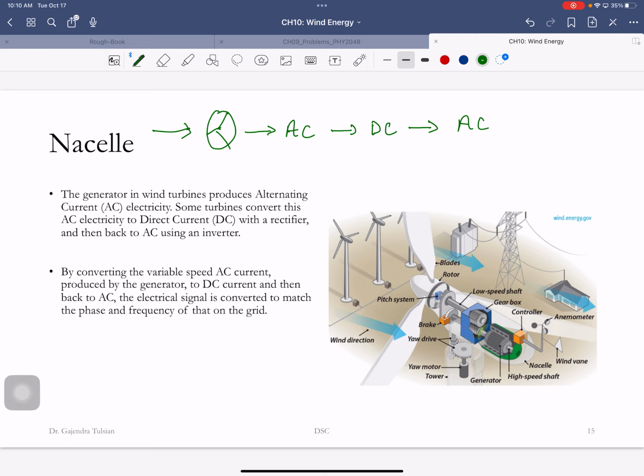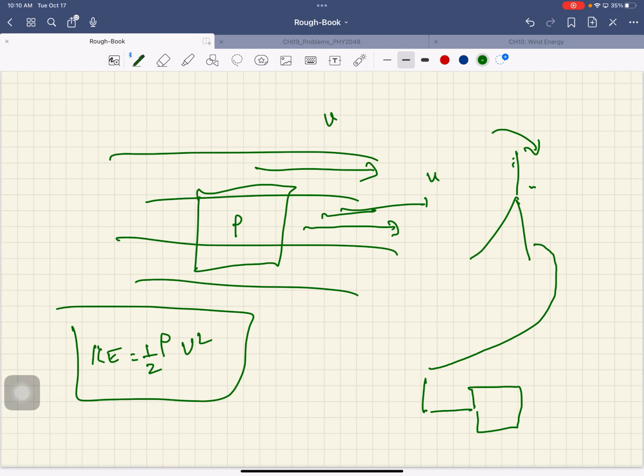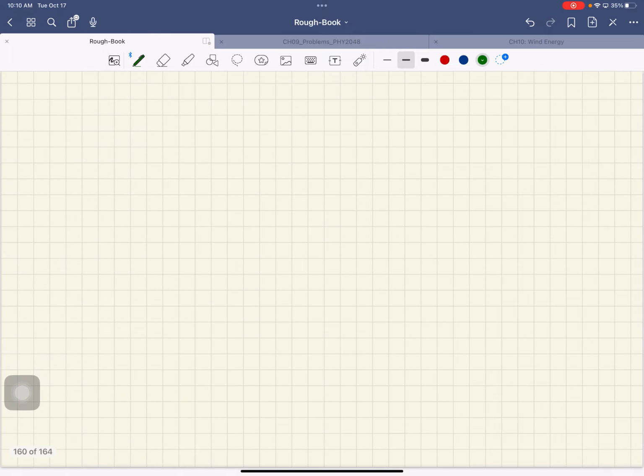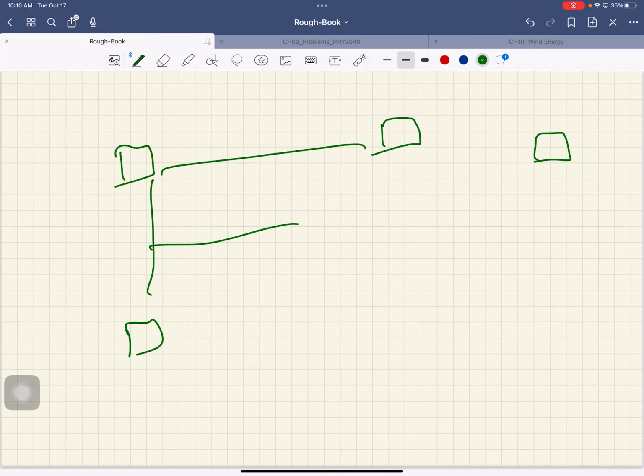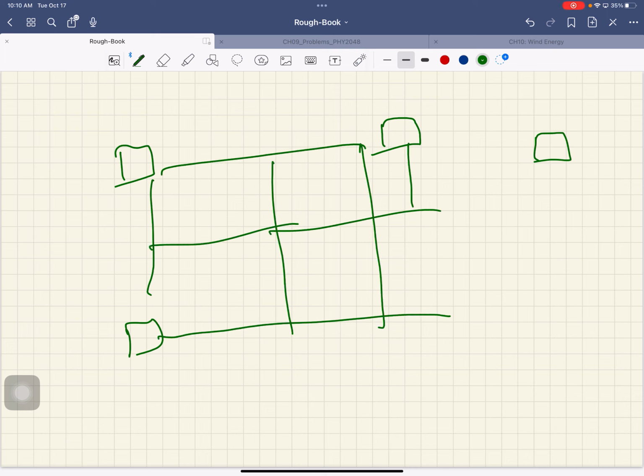So here's the deal. You guys understand the issue? Here's Hoover Dam, here's your nuclear power plant, here's a coal power plant, here's a windmill. They're all connected to the grid.